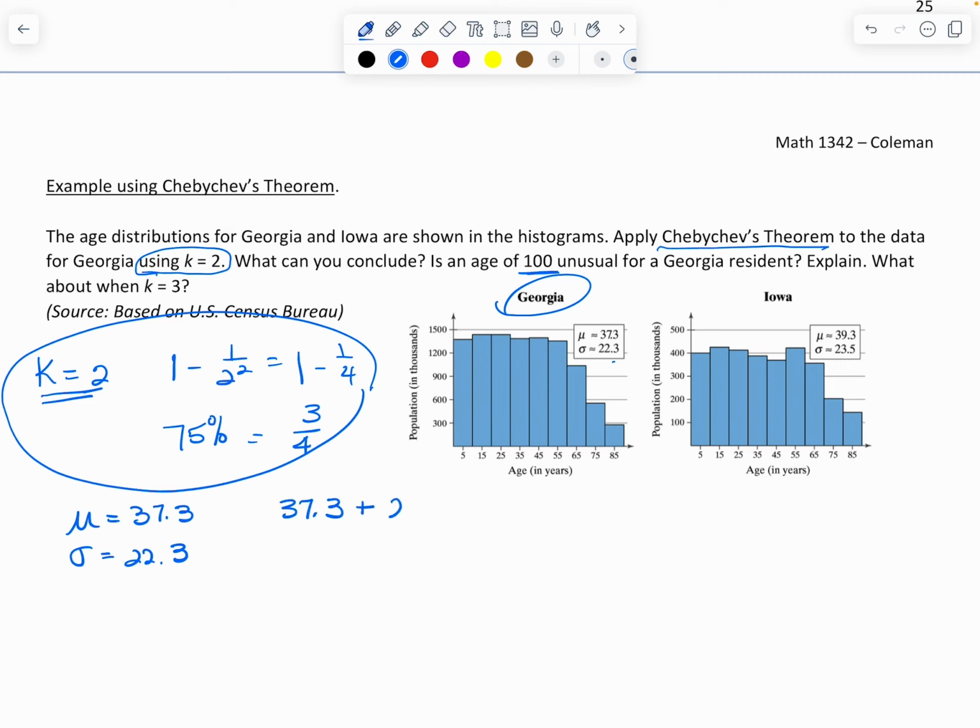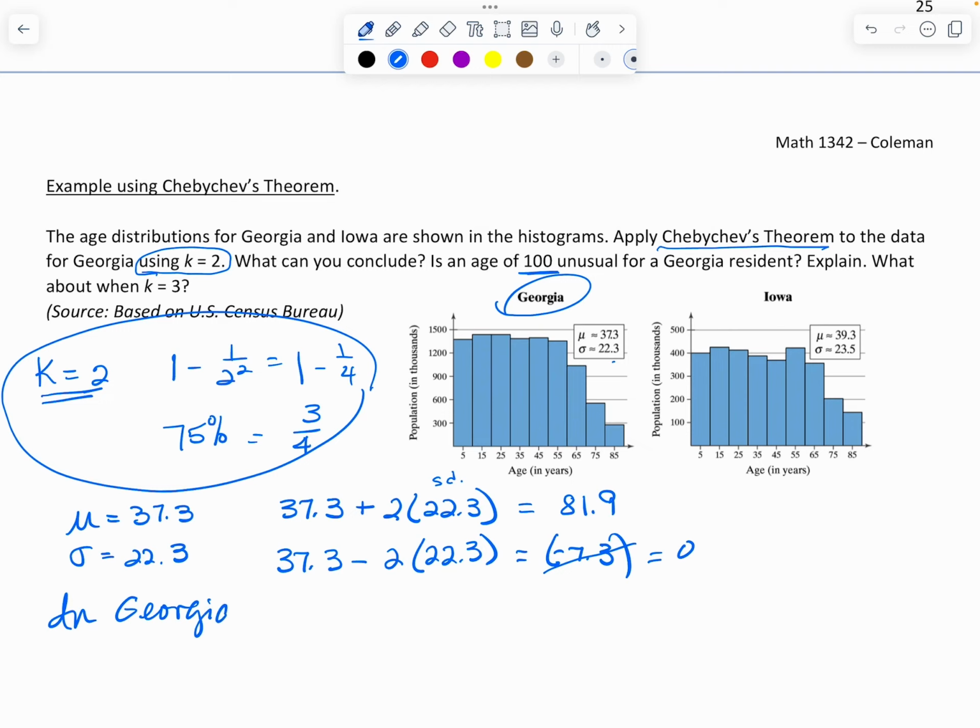I'm going to take my mean and add 2 times the 22.3, and then take 37.3 and subtract 2 times the 22.3. When I do that, in the top one I get 81.9 years old. In the bottom one, however, I get negative 7.3. Well, that's an age, so that doesn't mean anything. So basically it means 0.